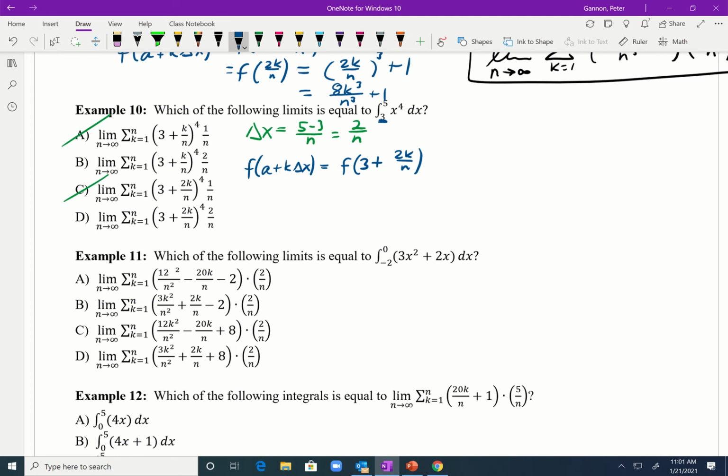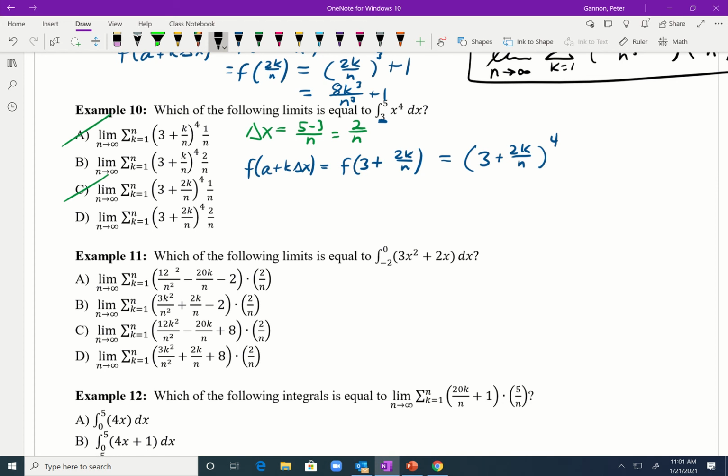So now when we plug into our function, we have something being taken to the 4th power. Well, that something is 3 plus 2k over n. Most of the time when you have an exponent that's larger than 2, so 3 or 4, many times they're just going to leave it in this form without expanding it.